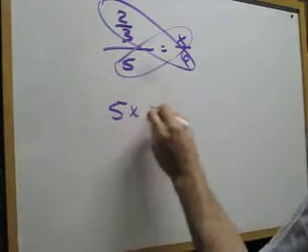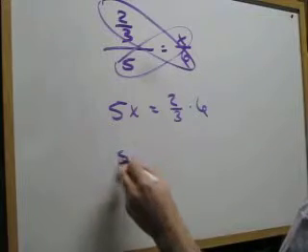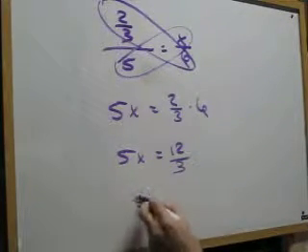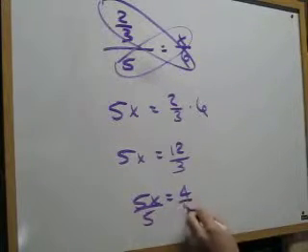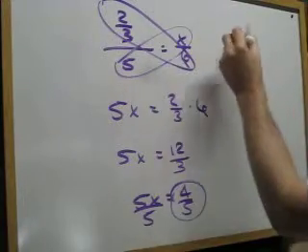That and that. So we're going to get 5x equals 2/3 times 6, which gives us 5x equals 12/3, which gives us 5x equals 4. We divide by 5, and we get 4/5 as an answer there. So, a little bit quick, but it's all old stuff that you've done before.